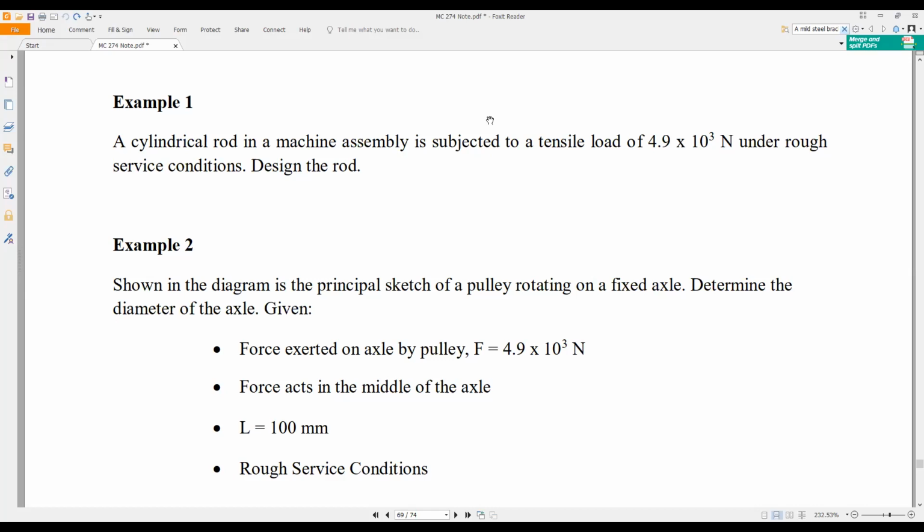We only have the loading condition, and therefore, without the material, we cannot design this. Are we following? Unless we decide to assume a material.